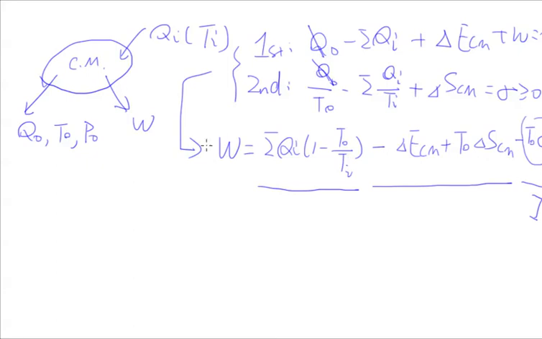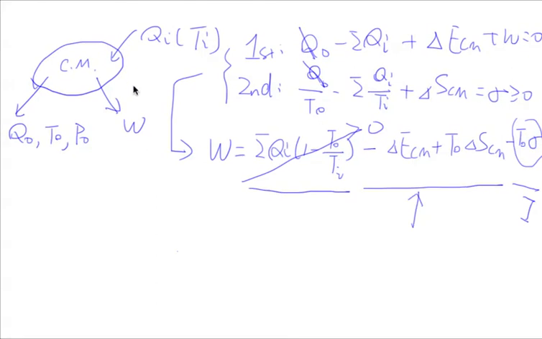Now, for the sake of discussion, let's assume this term is 0, so there's no heat transfer into the system. If we have a system like this, the maximum amount of work that we can extract happens when the irreversibility equals 0.